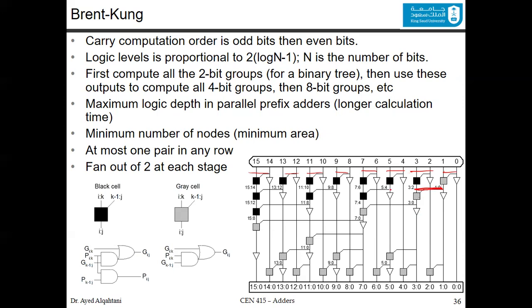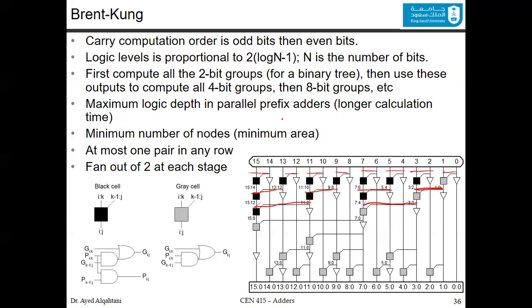You do these 2 bits together to compute the 4, and those 2 and those 2 to compute the 4. Then you do the 8 by having this 4 with this 4 to get this one, and this 4 with this 4 to get this one. That's the idea.